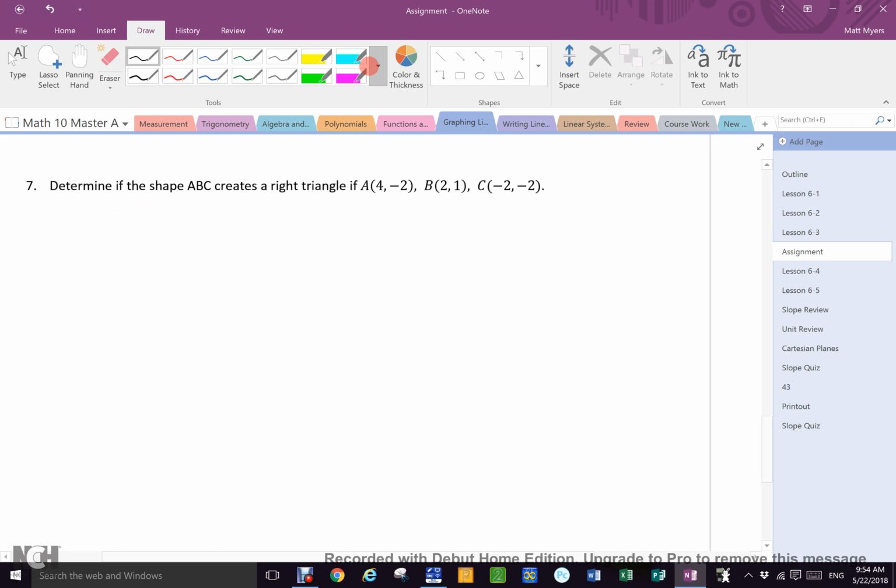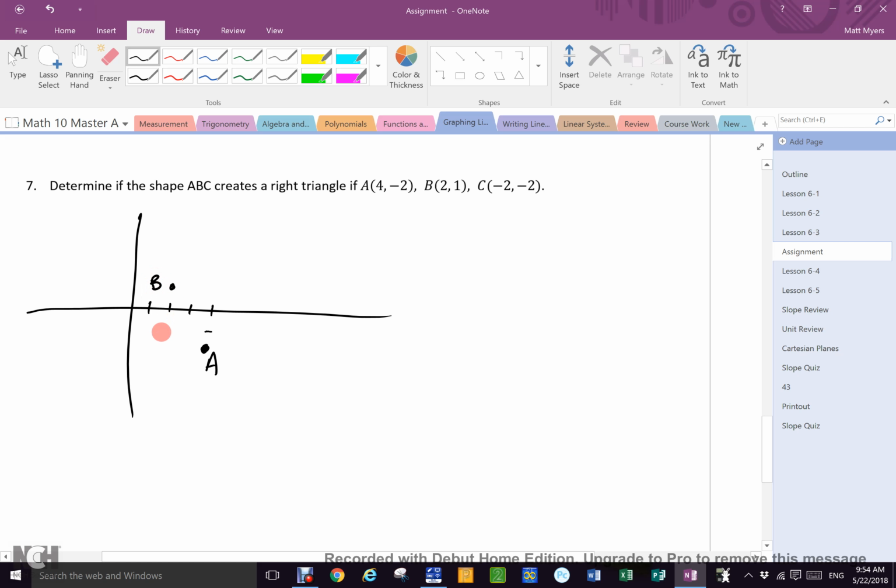Make a plan. I should sketch it, shouldn't I? Where is 4, negative 2? And then where? Down 1, 2. There's A. Where is 2, 1? Over 2 and up 1.